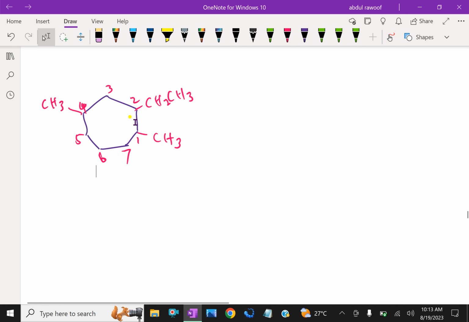So, we have to write 2-ethyl, 1,4-dimethylcycloheptane, because alphabetically ethyl is first before methyl.